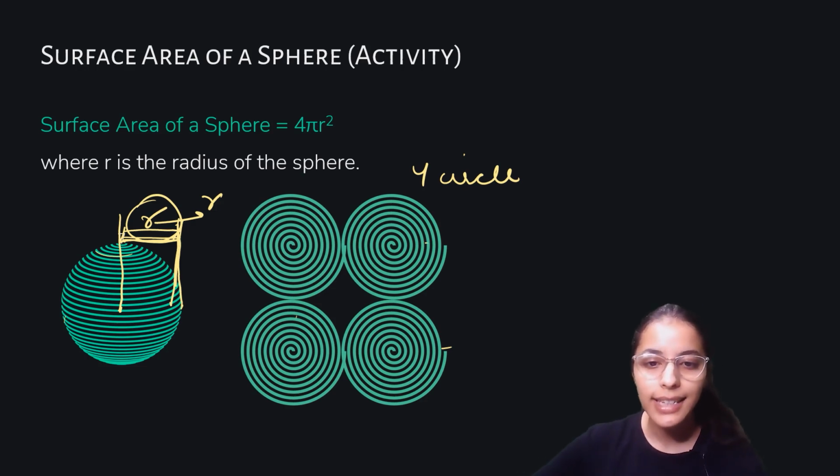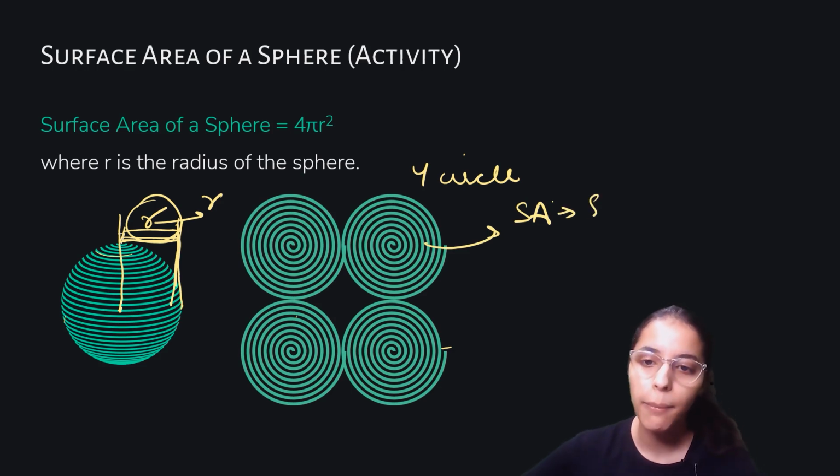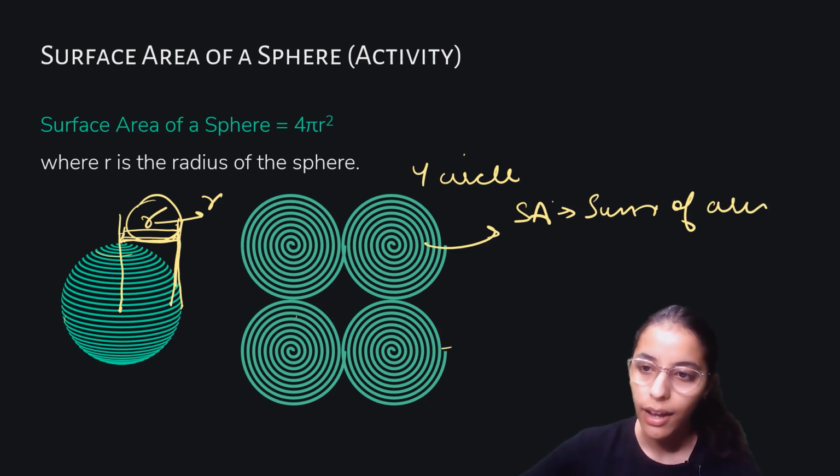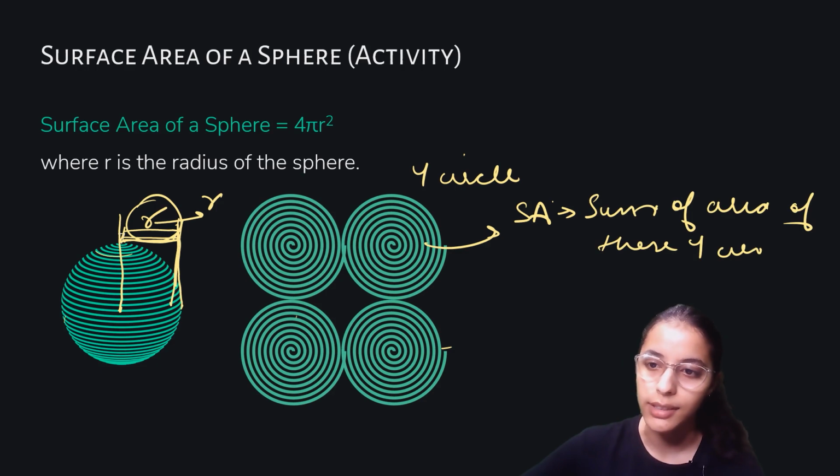So now we can easily find out that the surface area of our sphere is equal to the sum of the areas of these four circles, right? So now we'll sum these up.